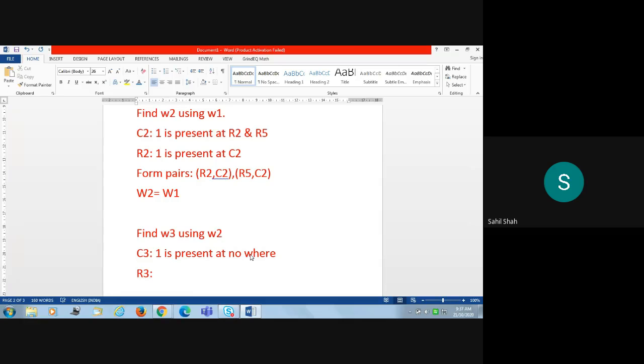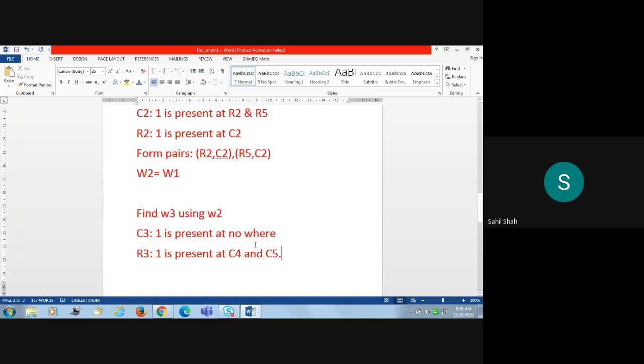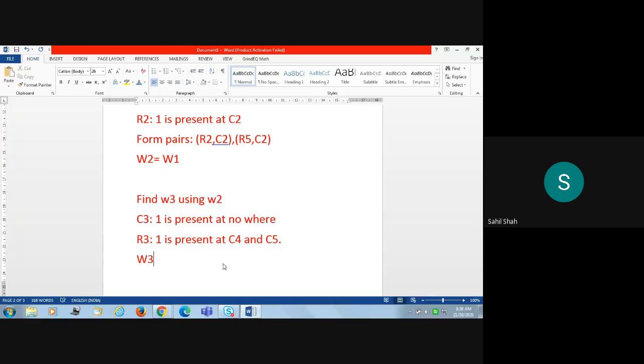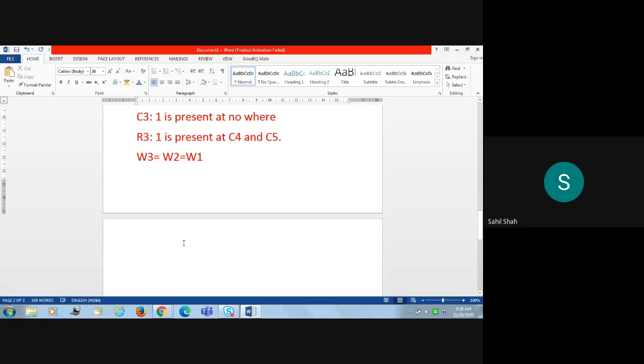You cannot form a pair using a single element. 1 is present at C4, but you are not supposed to form any pair. Okay? W3 equal to W2 equal to W1. No change. Let us go for finding W4 using W3.